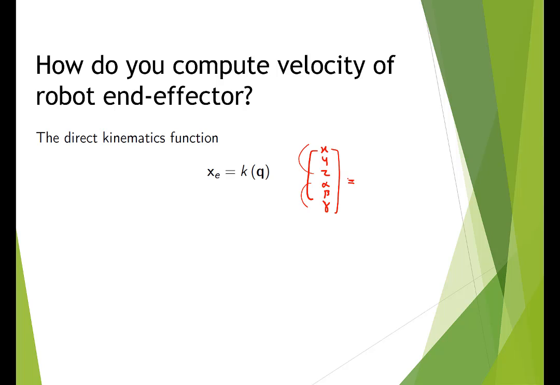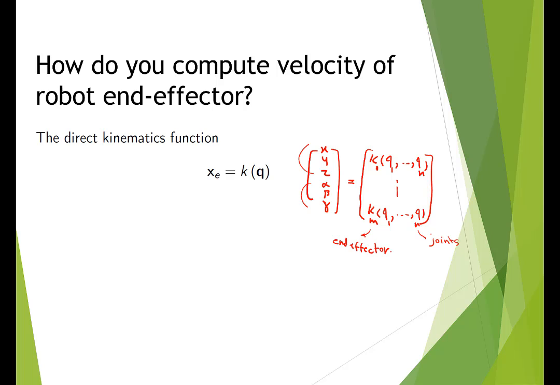And the forward kinematics gives us these as a function of joint variables. The joint variables we assumed have dimension n. This would be our joints. And depending on how we look at the robot end effector, we might have from 1 to m different dimensions. So this would be our end effector.